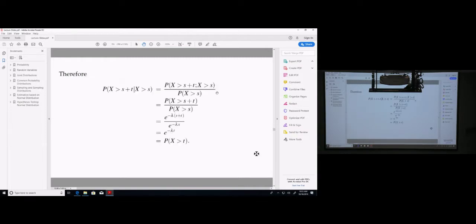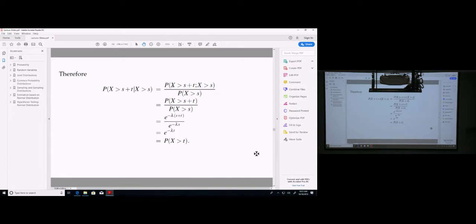And so as a result, the left-hand side of the memoryless property is saying this. This is the usual step. You unconditionalize the whole thing. So the probability of X bigger than s plus t, and the probability X is bigger than s, over this. Now the numerator is this.